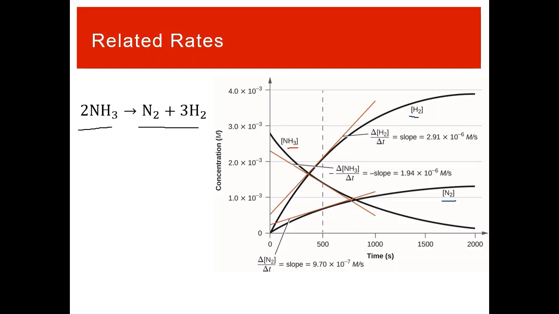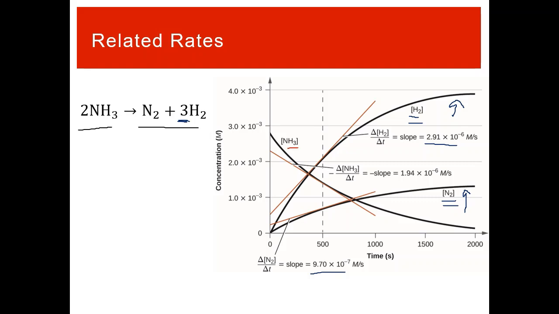When we take a look at it here, we can also see that the increase in H2 is really big, whereas the increase in N2 is relatively small. And that is because there's a 3 in front of H2, which tells us that we'd expect that to increase faster. So for every 1 of the N2 molecules we make 3 of the H2 molecules, which means the slope is 3 times higher than this slope, because the rate is 3 times higher.